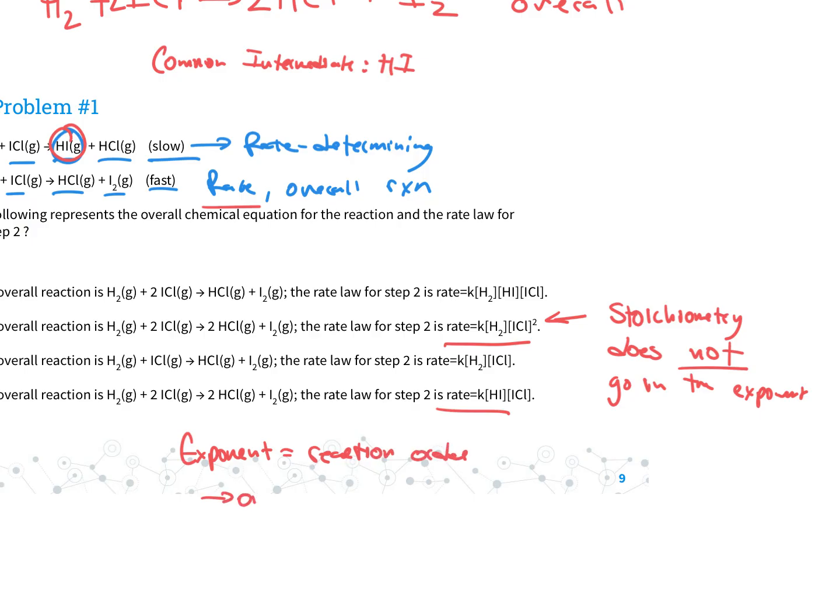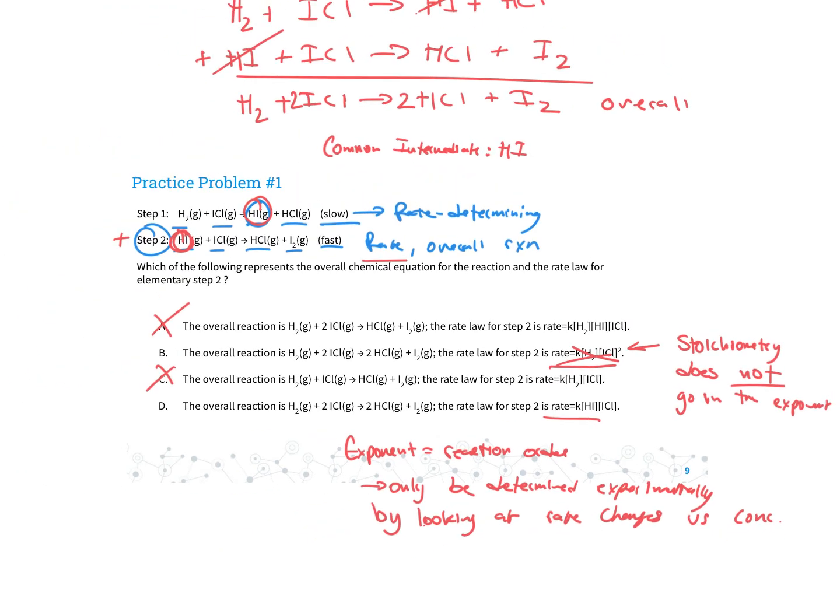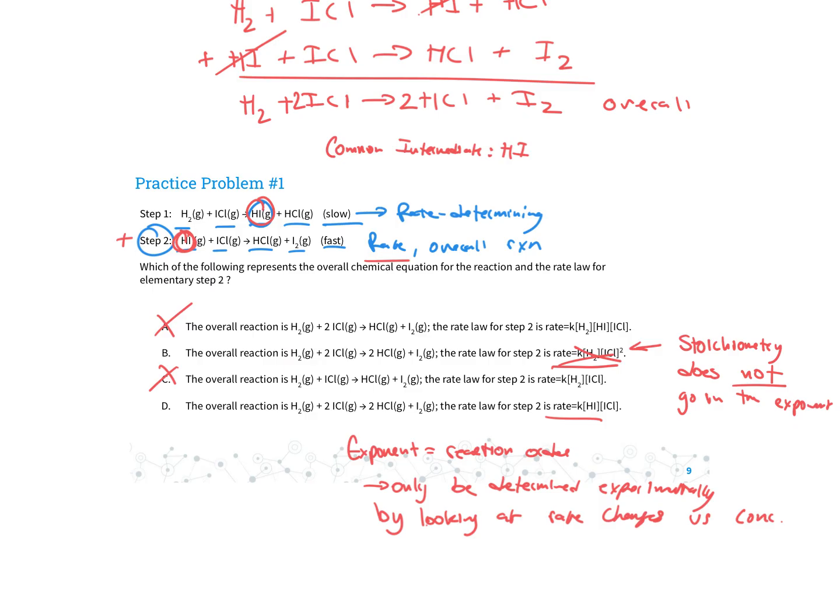And this can only be determined experimentally by looking at rate changes versus concentration. And so it can't be this one because we have absolutely no indication that it's ICl squared. We have no indication that doubling the concentration would quadruple the rate. And so our answer choice here would be D. We have the correct overall equation, and our rate law is satisfied as well.